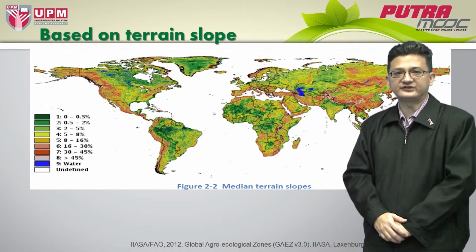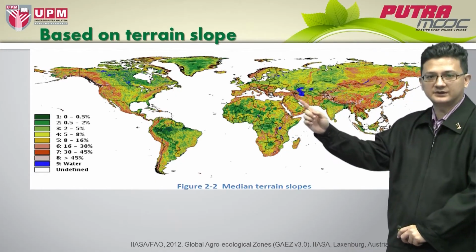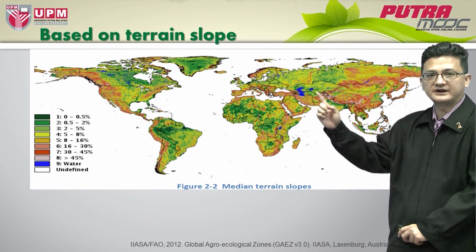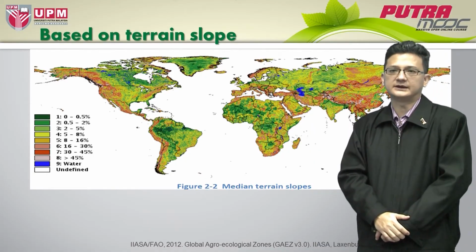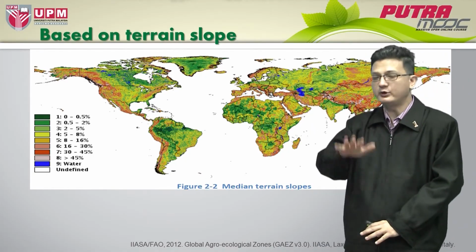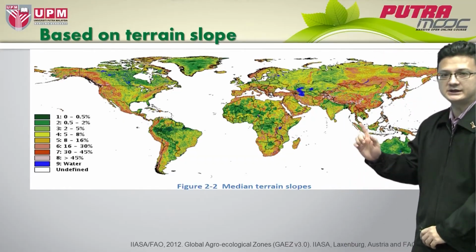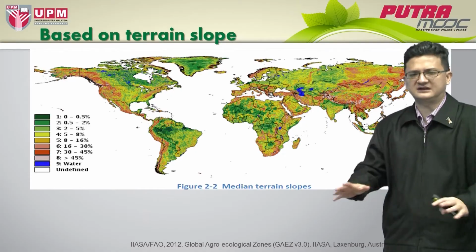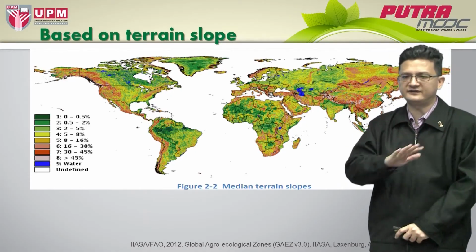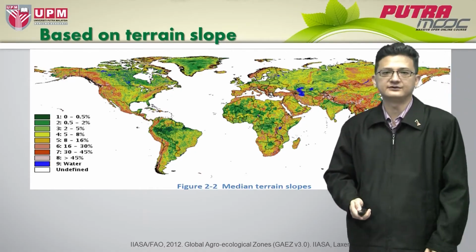Some areas like Kazakhstan in Central Asia are rather flat, because this whole country is on a steppe, which is very flat, and you can have large machineries going through the agriculture land. But in Malaysia, large agricultural equipment like tractors is not practical because our land is just not as flat as other countries.